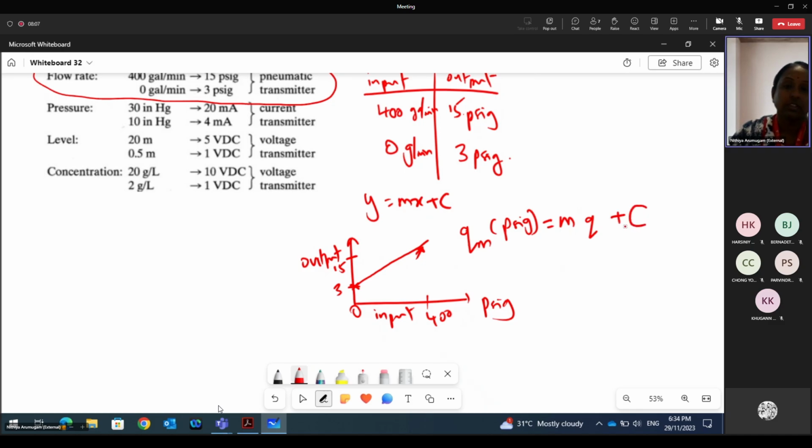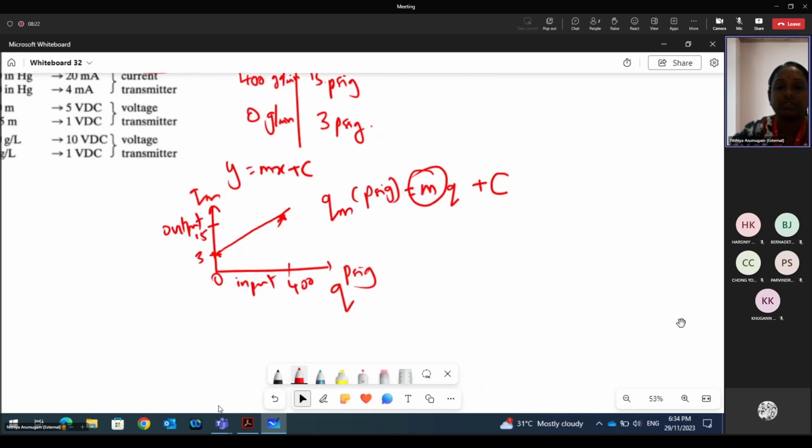So this is Qm, this is Q. Now if we express this, we need to find out the slope of this line. The slope can be calculated by finding the difference in y over the difference in x. So that y will be 15 minus 3, and the x-axis is 400 minus 0. This is m, Q plus c.